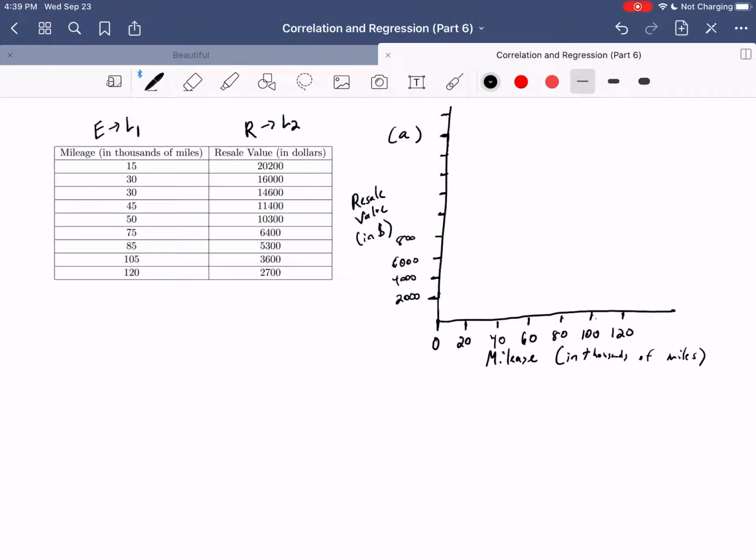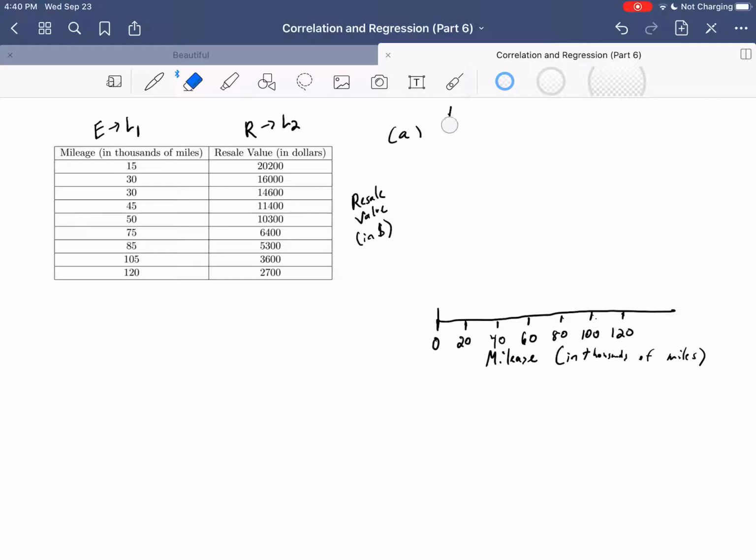You know, that's a little bit messy, so let's choose a slightly different axis, maybe make it a little easier on ourselves. A little messy there, I apologize.